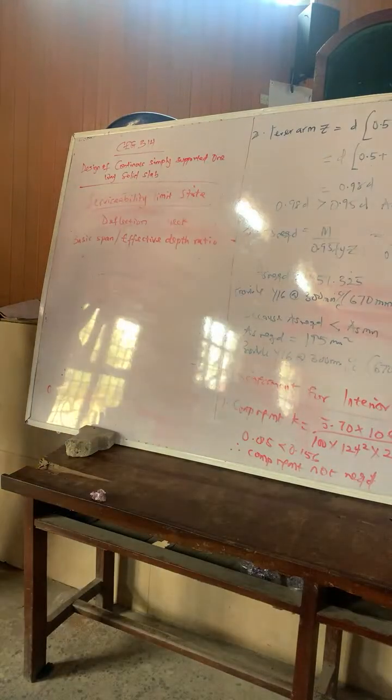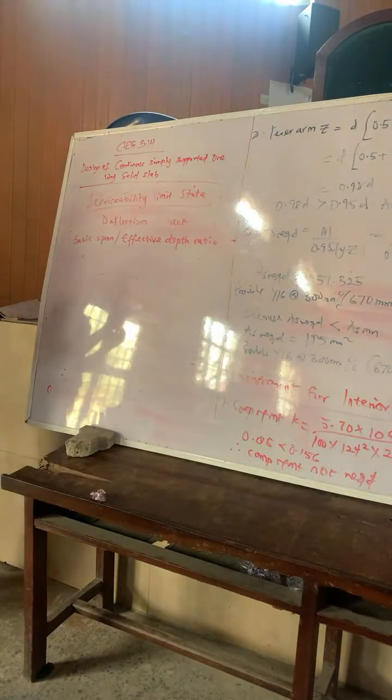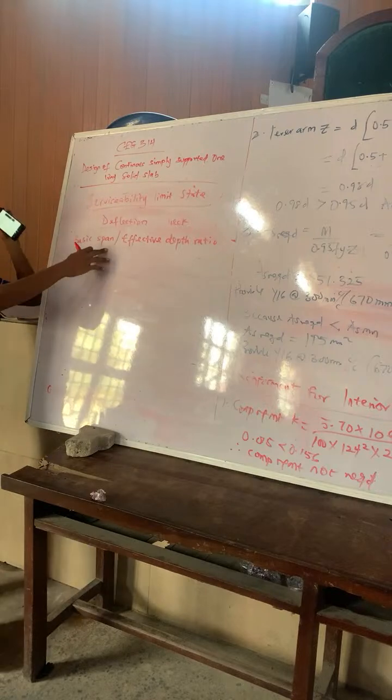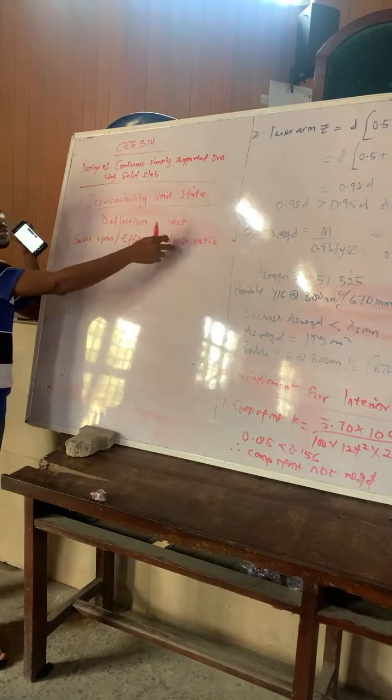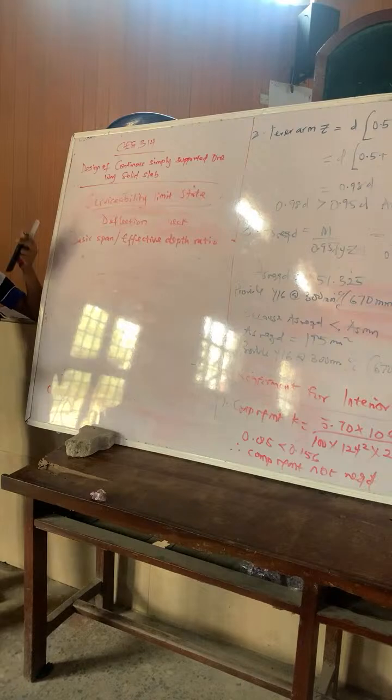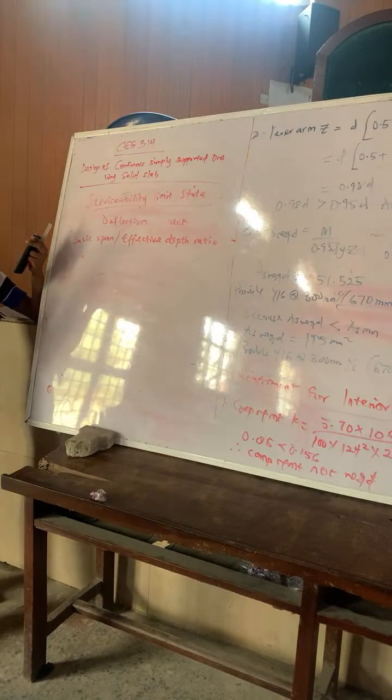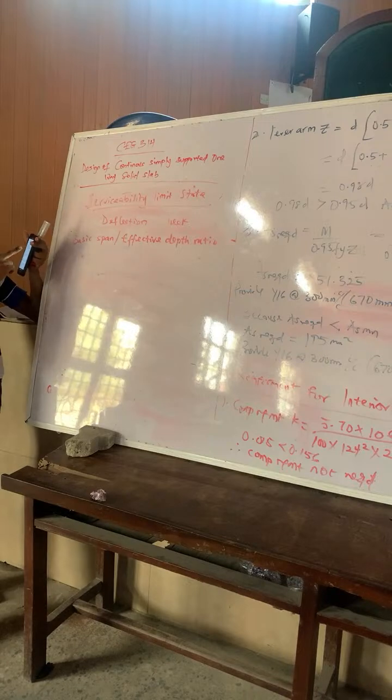So table 3.9, page 35, to get our basic span per effective depth ratio, and we are solving for a continuous slab. You will see support conditions: cantilever, simply supported and continuous. Under rectangular section, we have 7, 20, and 26.